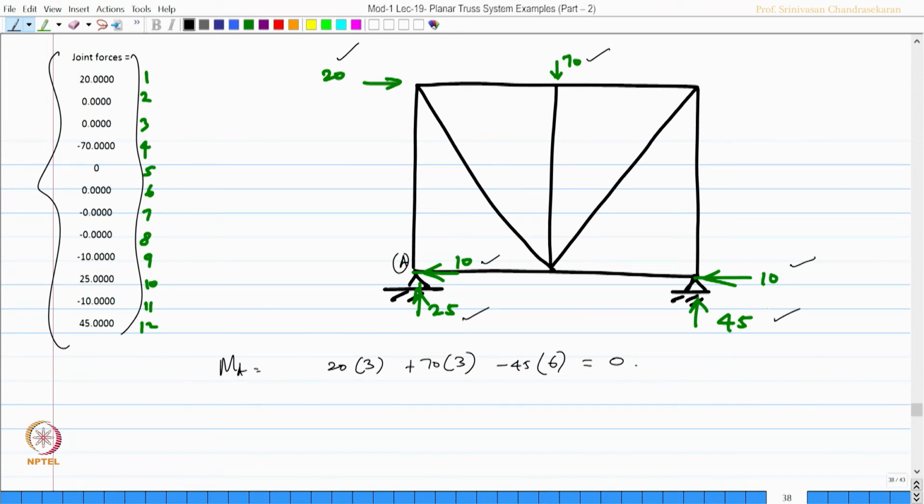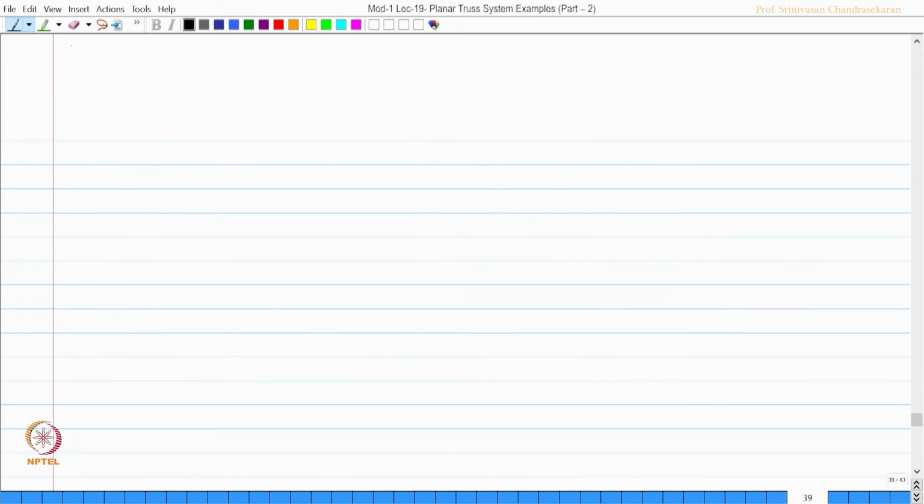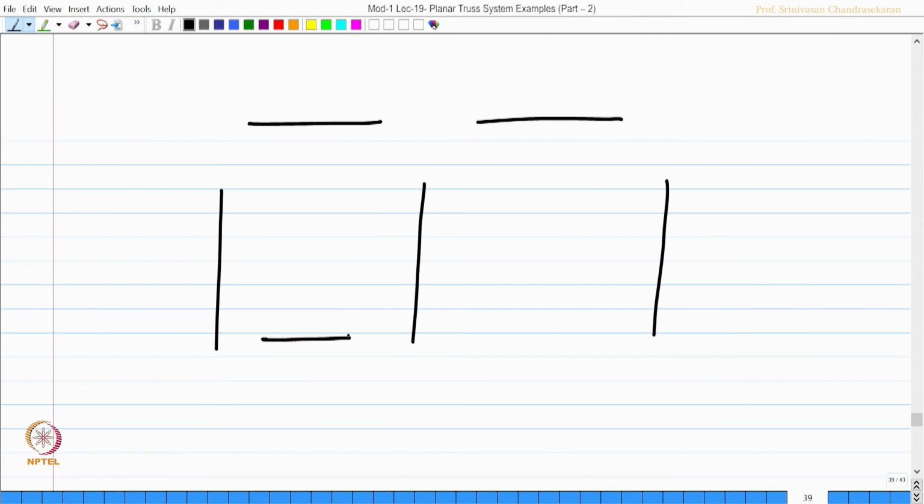So, I can also draw the member forces for all the members. Let us say member 1, member 2, member 3, member 4, member 5, member 6, 7, 8 and 9. Let us mark the member values as well.